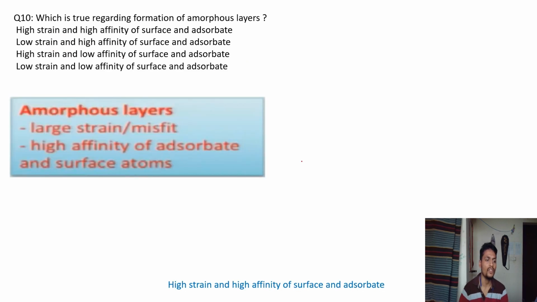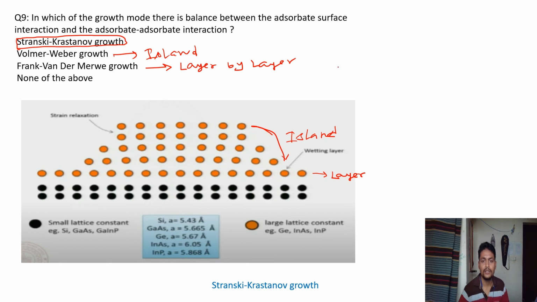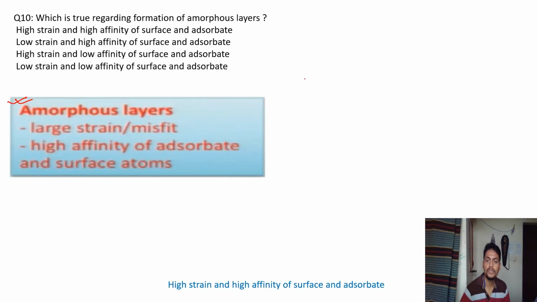Right? And this is a very, very good question. How are amorphous layers formed? You can get it in the lecture itself as well. So we have seen everything. We have seen that surface atom interaction needs to be higher in some cases, and in that case strain is minimum.